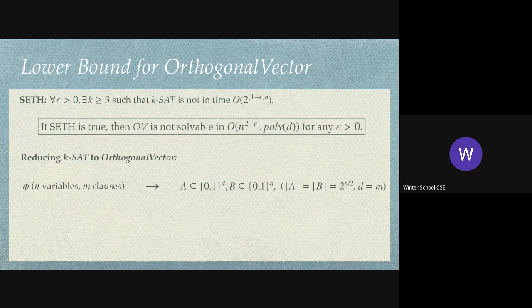So we will take this instance phi of n variables and m clauses, and we will map it to an instance of orthogonal vector.